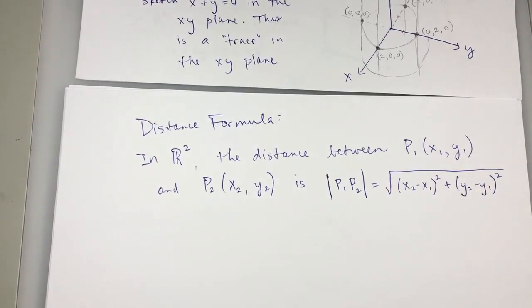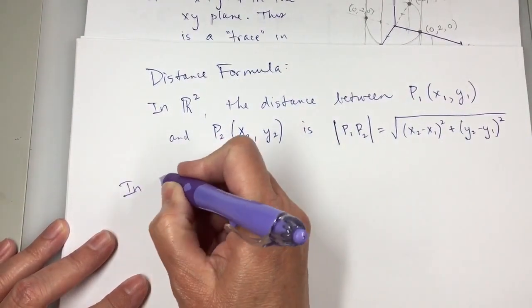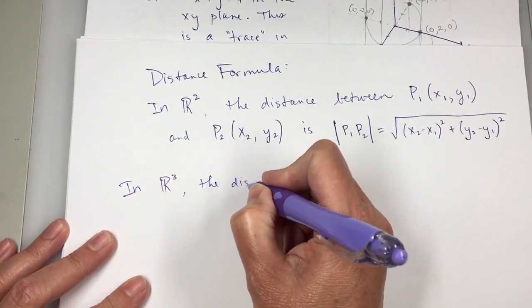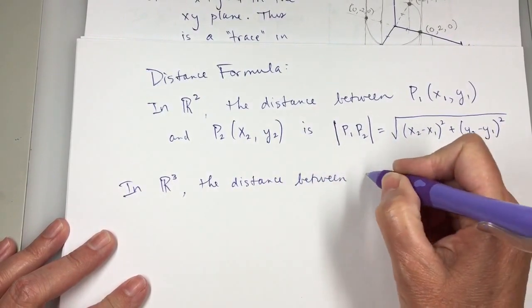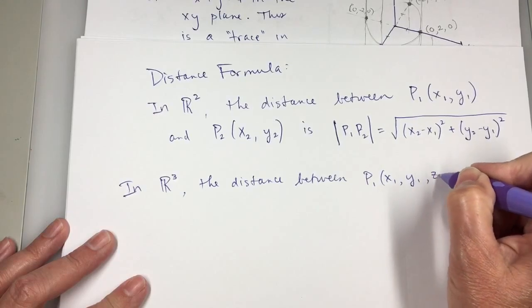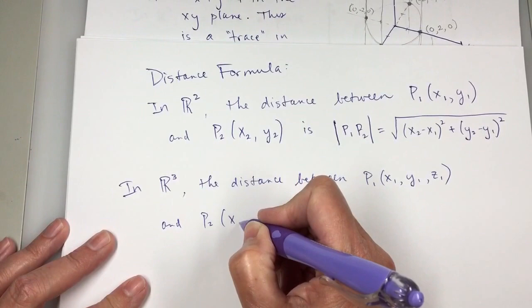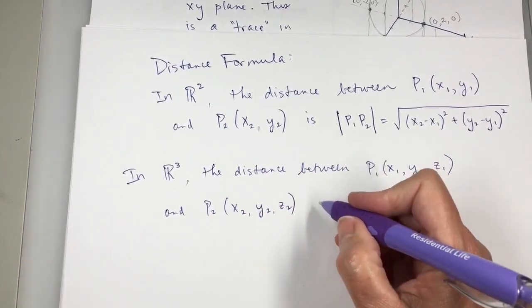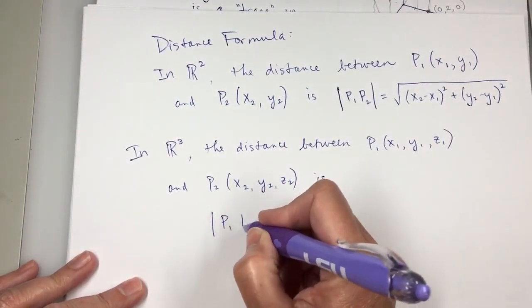In three space, in R3, the distance between P1, which is x1, y1, z1, and P2, which is x2, y2, z2, they'll write distance from P1 to P2.